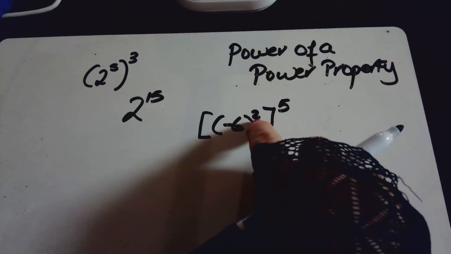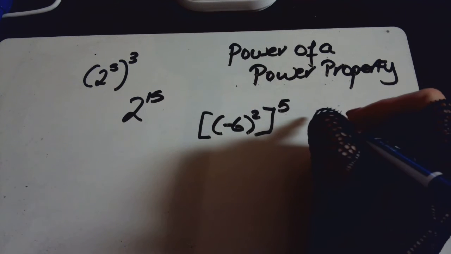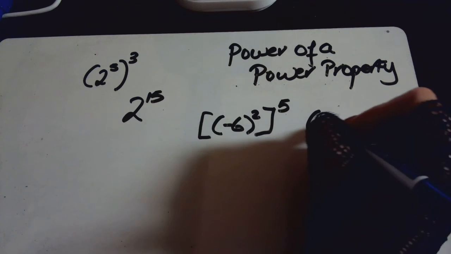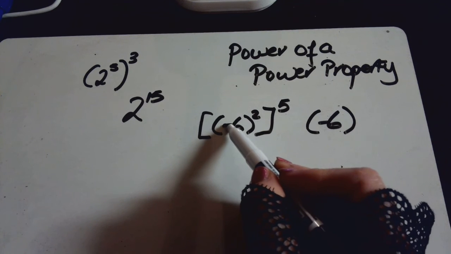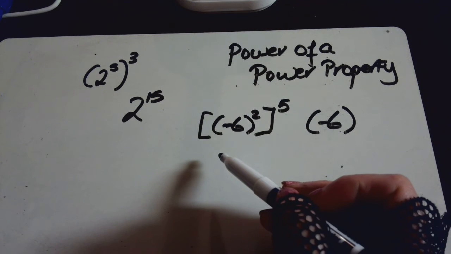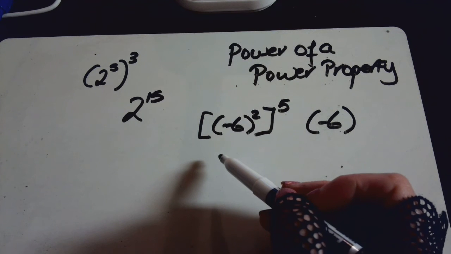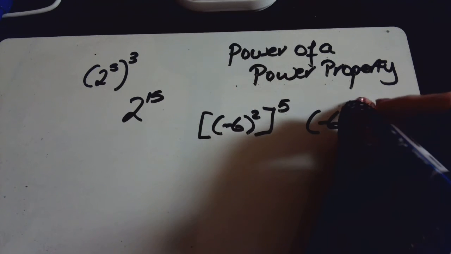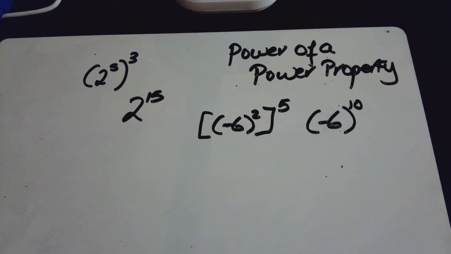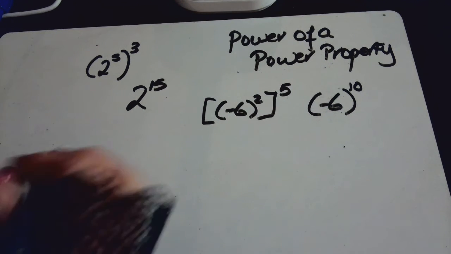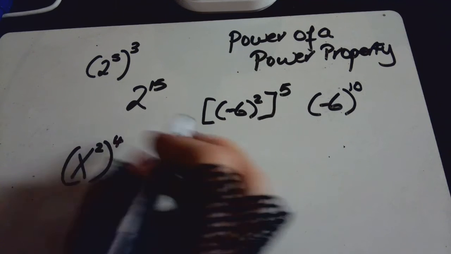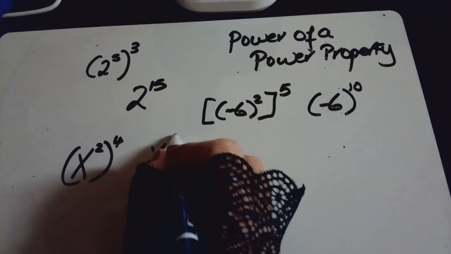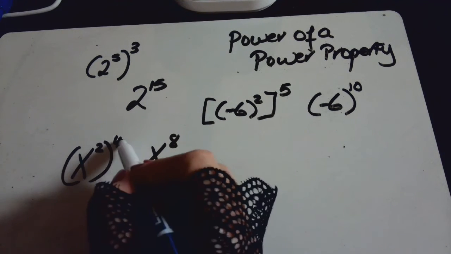That means we just multiply 2 times 5, and now because we've done that, we can put the parentheses around that. Remember, if you have more than one thing, you have to put parentheses. Your whole base is -6, raised to the 10th power, 2 times 5. Okay, here, x to the 2nd, raised to the 4th, becomes x to the 8th. Just multiply 2 times 4.